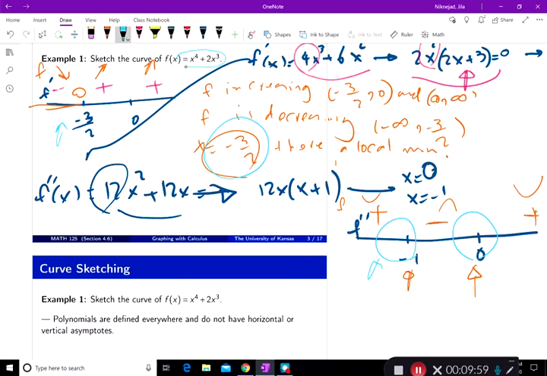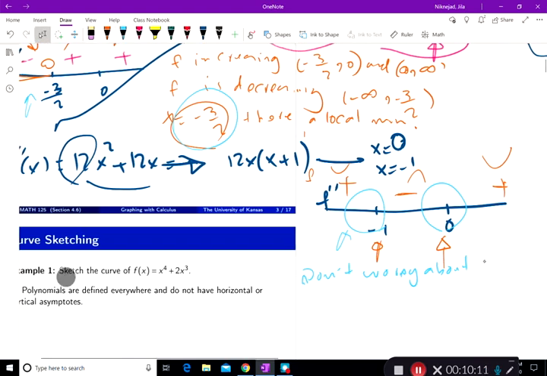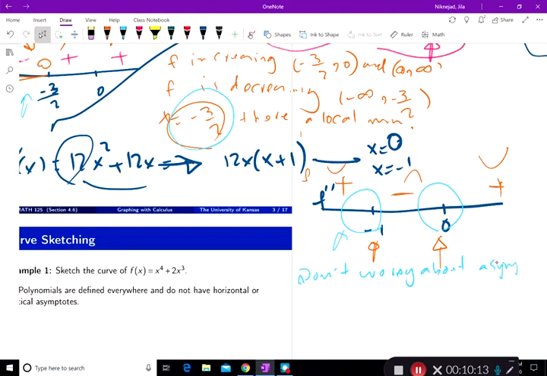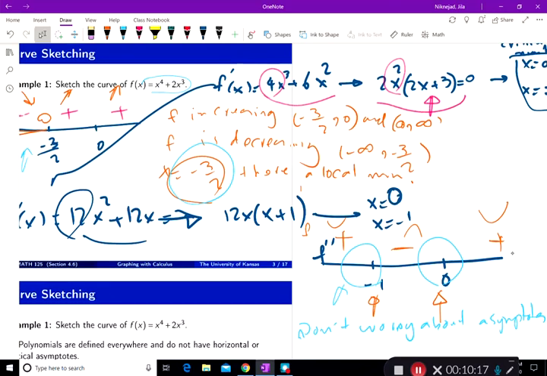So don't worry about asymptotes. It is not an odd or even function, so don't worry about symmetry either. So that's the two things that you want to have in mind.